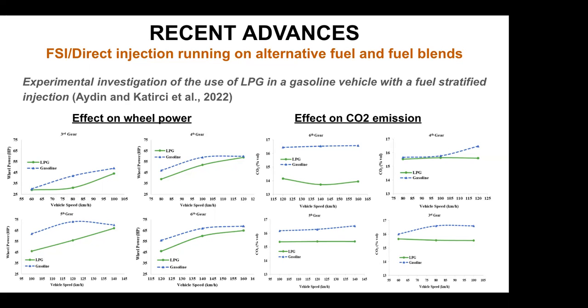When LPG fuel is compared with gasoline, there is a 5.7% decrease in power value. When the power values are examined, it was determined that there is an average of 10.23% power loss in the LPG mode when compared to the gasoline mode. So the conclusion is the LPG mode has power losses.